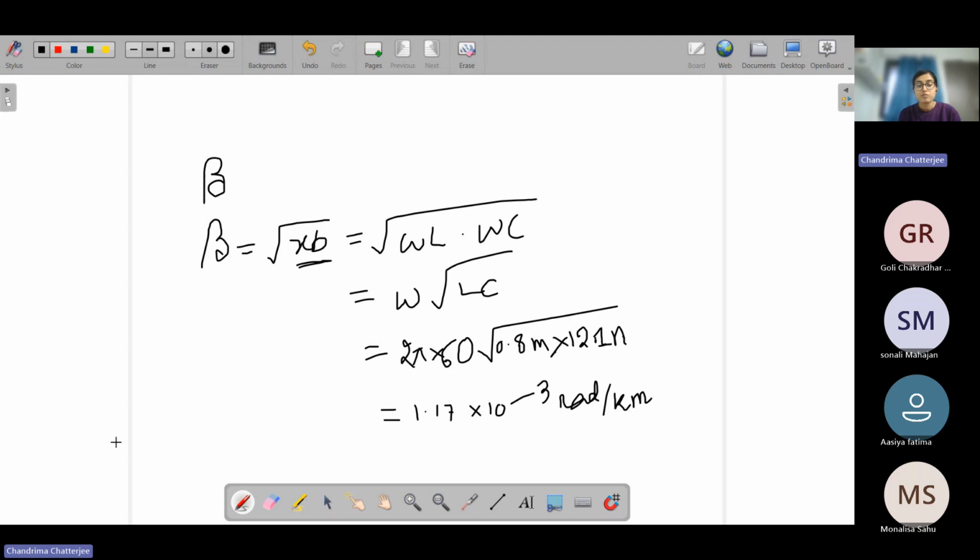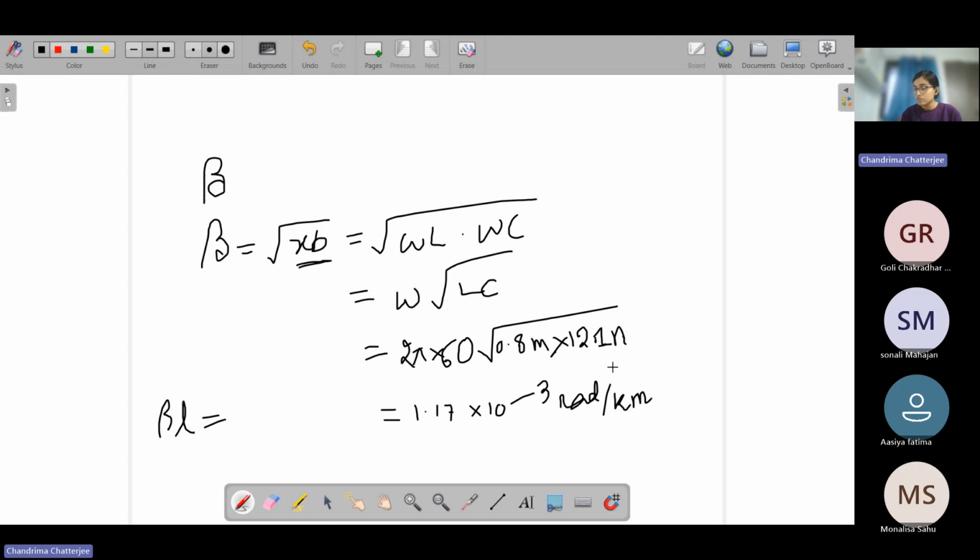So for finding out the angle in radian, you will have to multiply it with the length. The length is 800 kilometer. So just multiply this with 800.